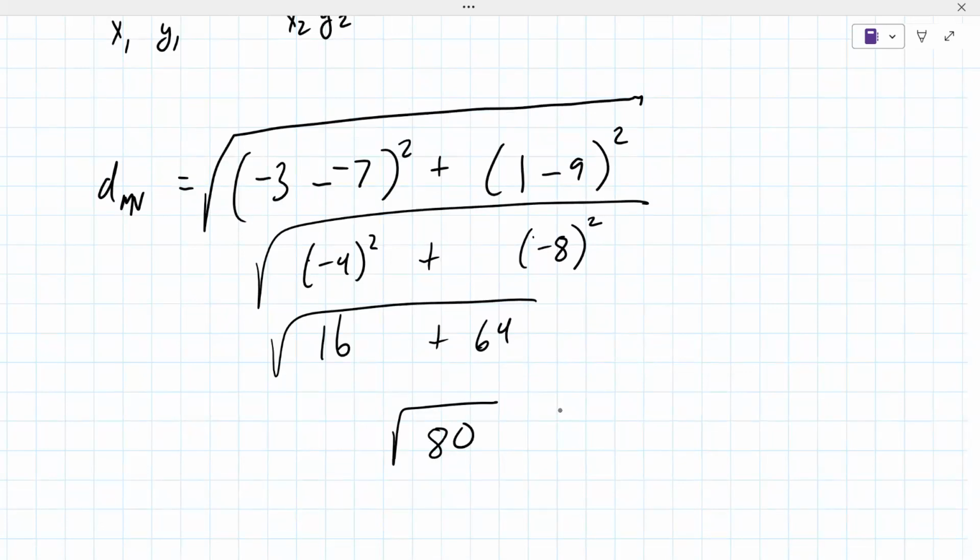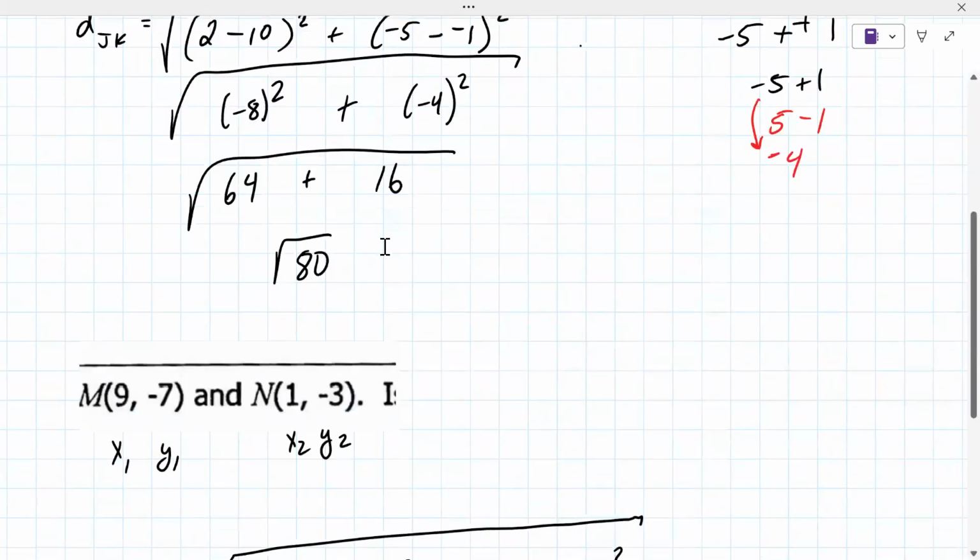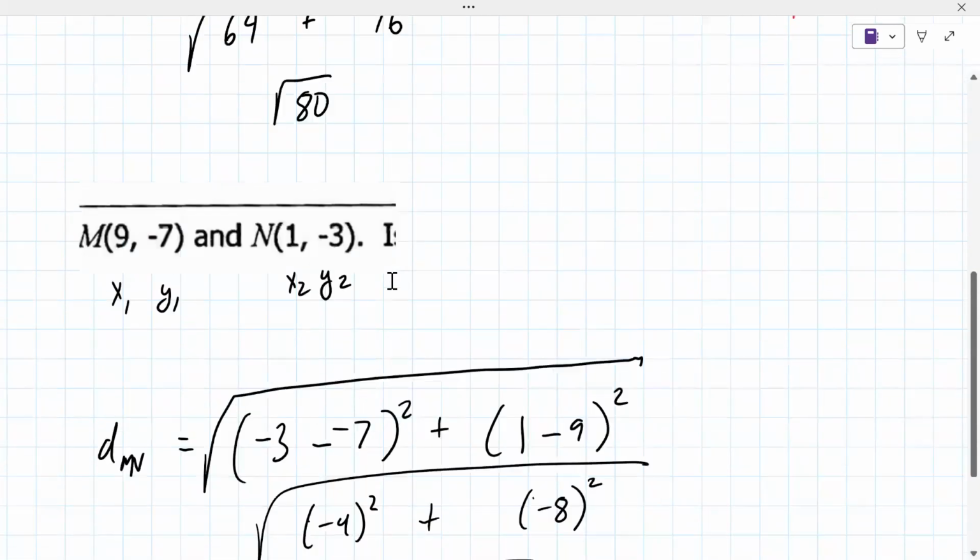So wait, they're both 80? The square root of 80. Yes, they're the same. Since they're the same, you can say that they're congruent.